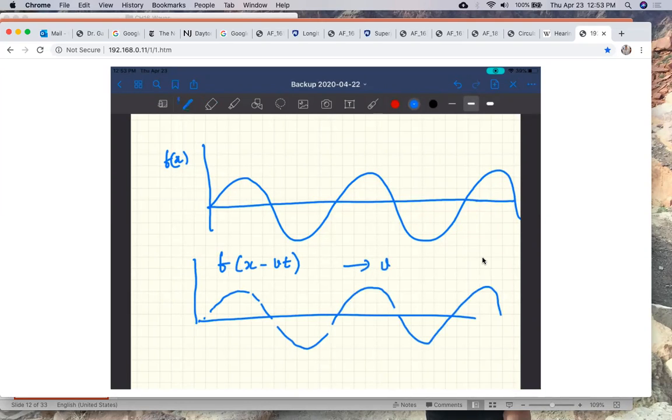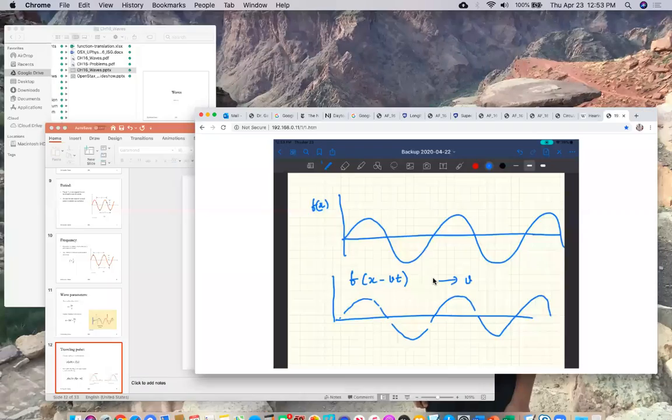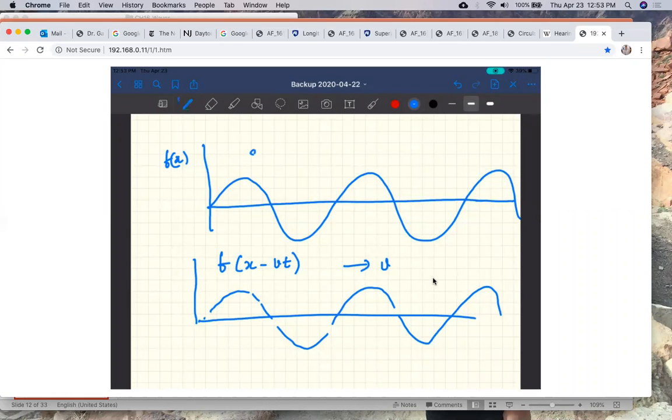Okay. So what we have is a mathematical description. Hang on a second. So this is sine, by the way, this is sine kx, and A is the amplitude. f(x) is A sine kx. That's what this is. k is 2 pi by lambda.